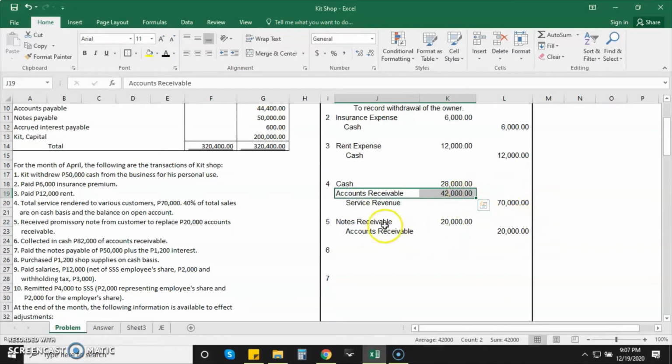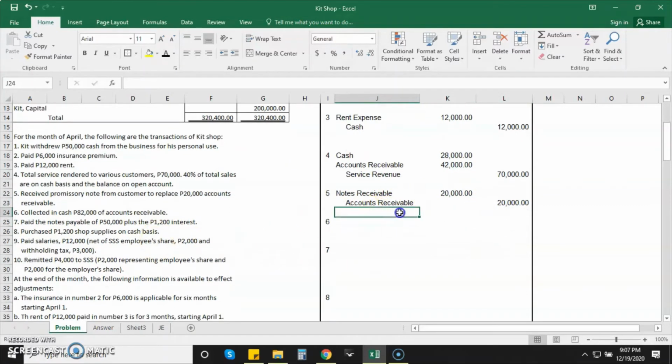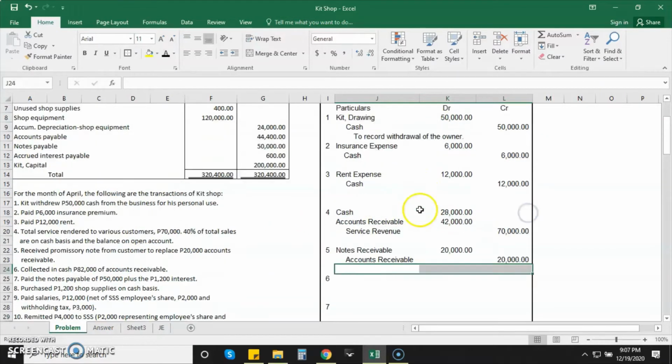So in this case, that 42,000 will be reduced by 20,000. The customer did not pay, but replaced the 20,000 accounts receivable with notes receivable. Both are still to be received. It's just that the one is a promissory note, and the other one to be received is an accounts receivable. So there. Again, do not forget your transaction description here. That starts with the words to record.